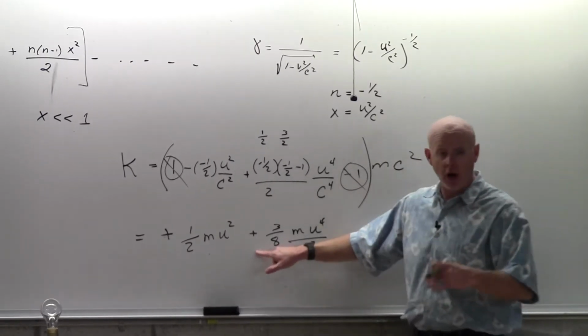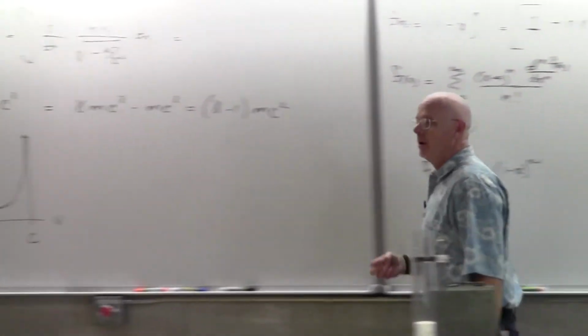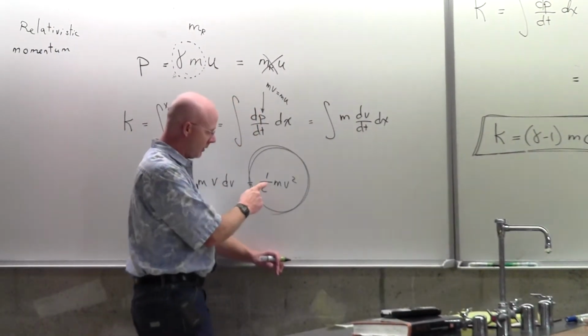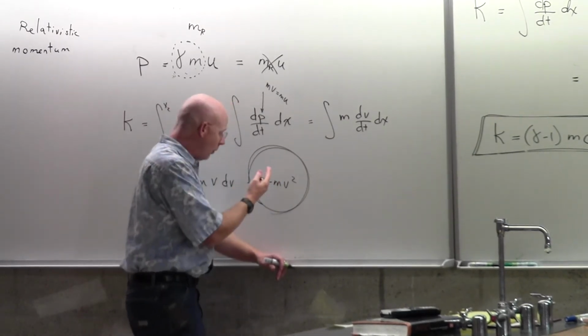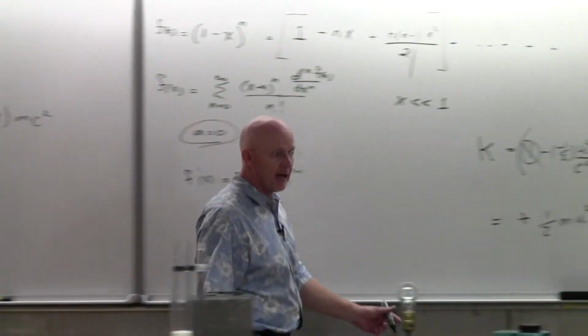And so if you wanted to improve by one step Newton's equation for kinetic energy, and I shouldn't say Newton, Newton's comes from Newton's laws, the 1/2 mv squared, then this would be your added factor.